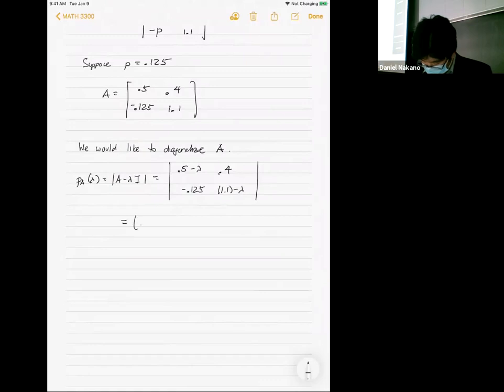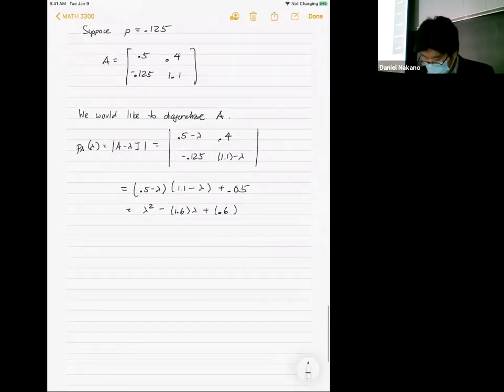So I get 0.5 minus lambda times 1.1 minus lambda, and then plus 0.05, so AD minus BC. You do all this simplification, and eventually you get lambda squared minus 1.6 lambda plus 0.6.